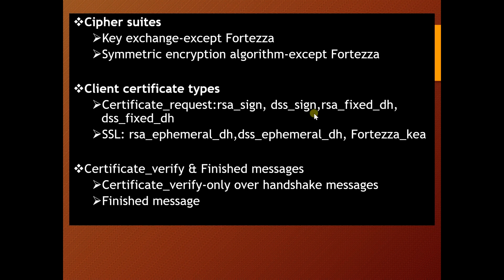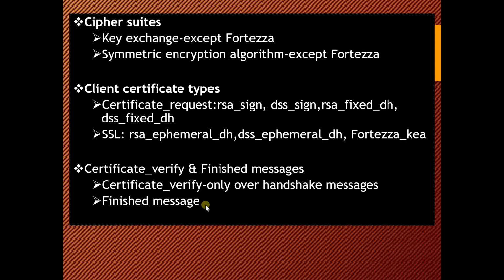Now when it comes to the finished message, in SSL version 3 the finished message in TLS will be the same as in SSL, and this finished message in TLS is a hash based on the shared master secret. Along with that, it is also based on the previous handshake messages and a label that identifies the client or the server. So the calculation is a little different.